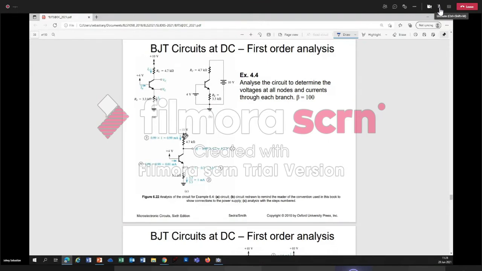Last step, find the collector voltage. And this is the step we follow in all BJT problems. In this case, we are lucky, the voltage at the base is given. In some cases, it may not be given. We may have to find it out. We will reach there soon.